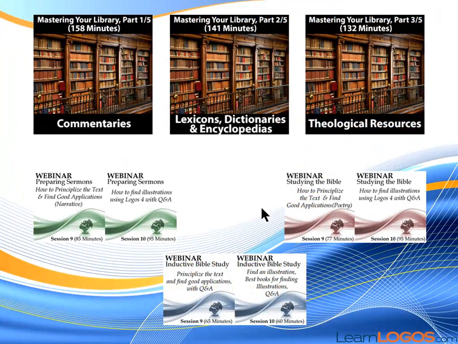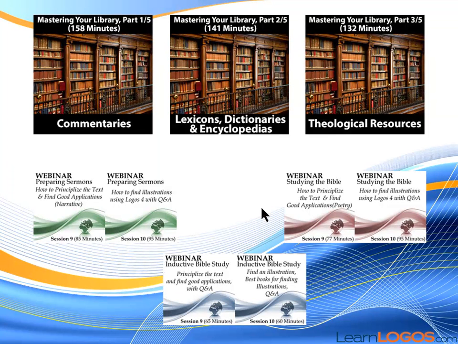So let's just do a recap. We are in the 4th in the series, Mastering Your Library. As you can see there, we've got the commentaries we've already done, lexicons and dictionaries, encyclopedias was our second one, and theological resources. Now, if you want to study this topic further, I have some additional webinars that really focus on how to principalize the text and how to find illustrations. You can order all 6, or you can just order one of those pairs.